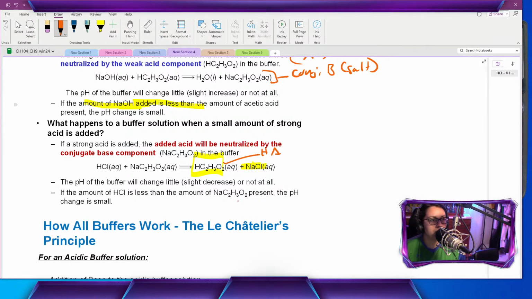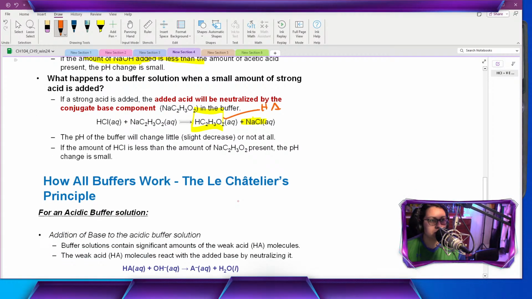And so again, Le Chatelier's principle, you have your reaction, you make a lot of this acetic acid, but then some of it might go back and reform our sodium acetate, because it's always in that equilibrium. So it always wants to go back to equilibrium. And so that means our pH, again, will be a small increase in our pH or not at all.